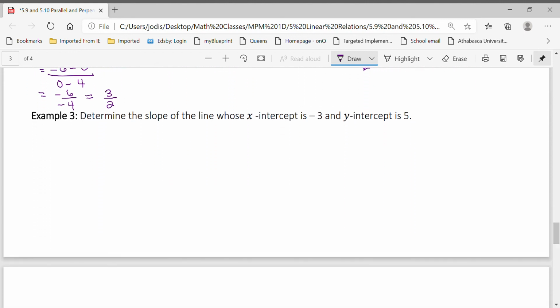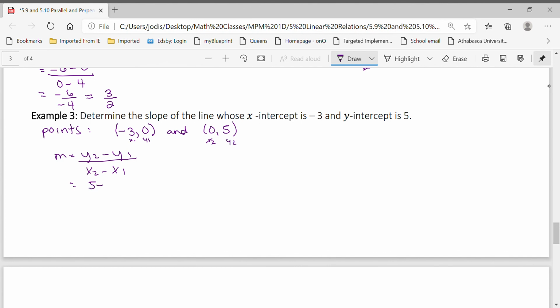Okay, so example number 3 wants us to determine the slope of the line whose x-intercept is negative 3 and y-intercept is 5. So we have 2 points on the line. Now we have to use this nice little equation here. So this would be x1, y1, x2, y2.